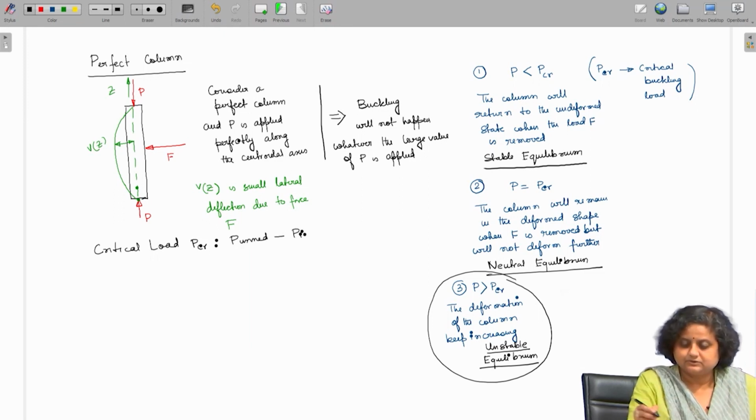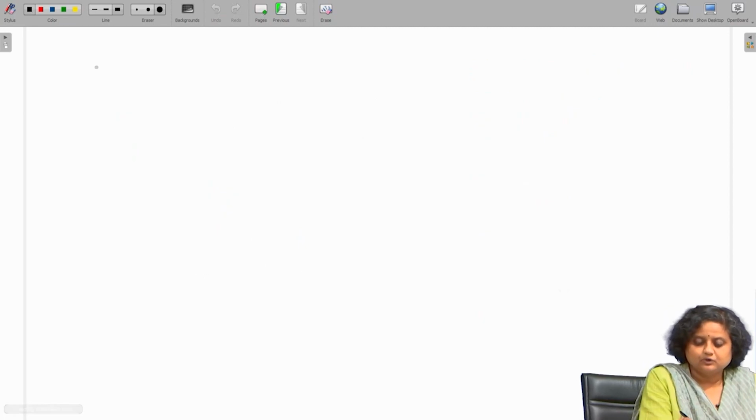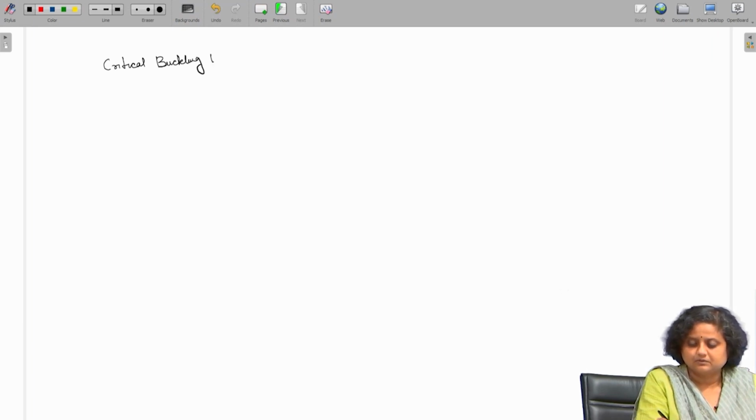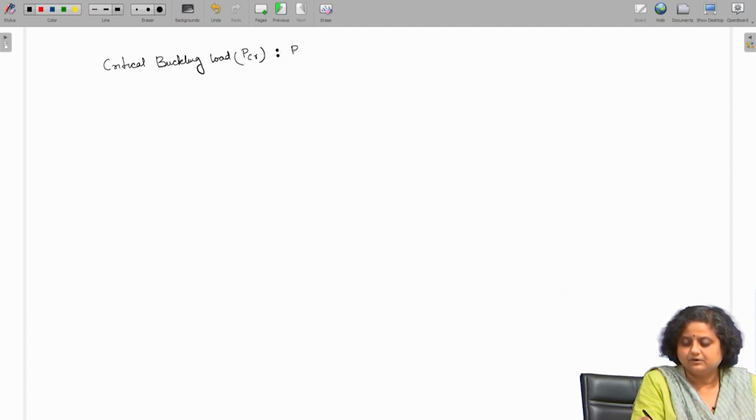Or let us just do it in a fresh page. So, let us try to find out critical buckling load P critical for a pin column.